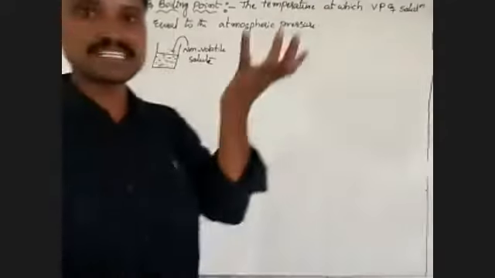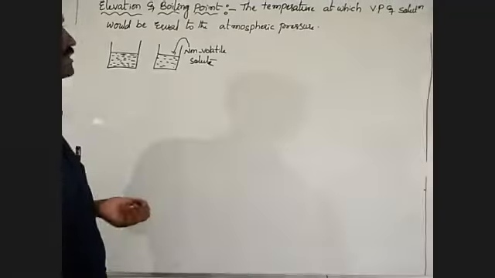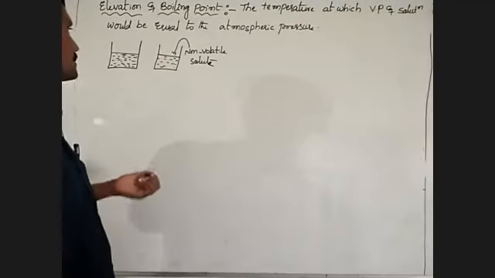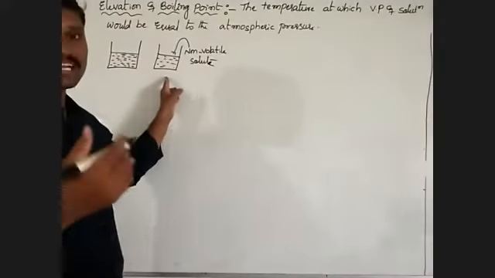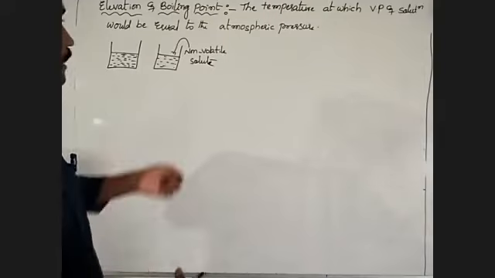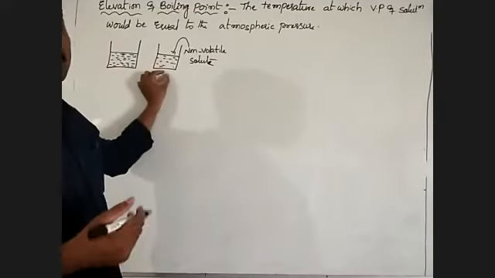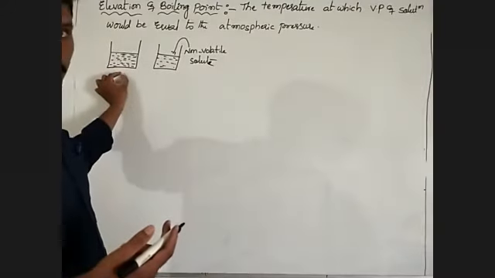This increase is called elevation of boiling point. That means the boiling point of a solution containing a non-volatile solute is always greater than the boiling point of the pure solvent.